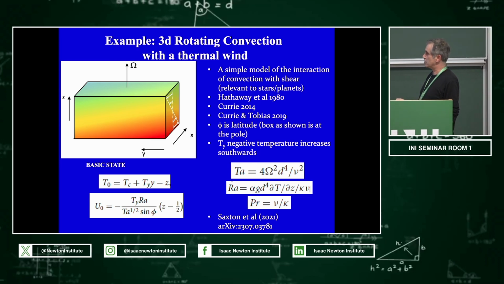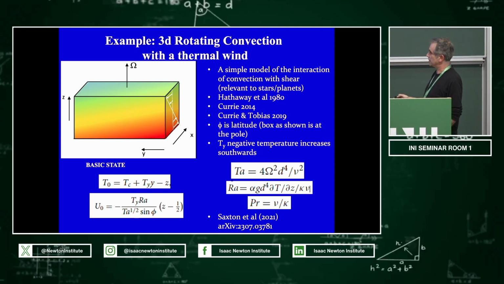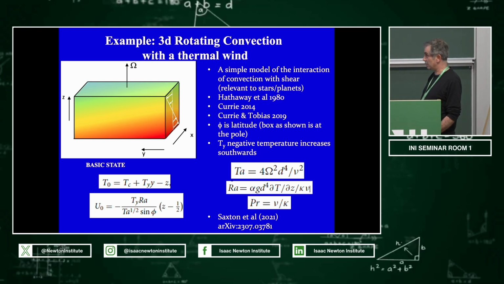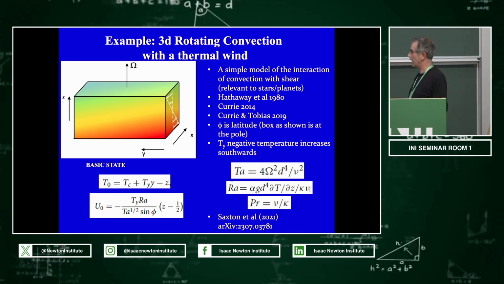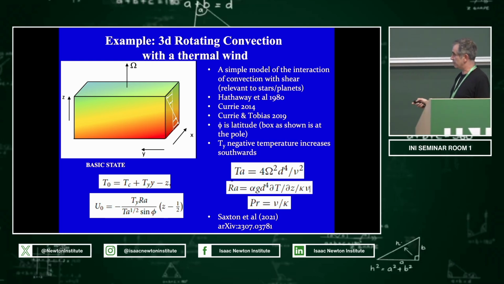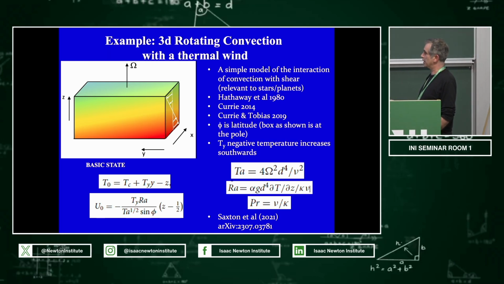Okay. So we have various non-dimensional parameters. We have Ty, which has been non-dimensionalized here. So we have the Taylor number, which is a measure of the rotation. It's 1 over the Ekman number squared. The Rayleigh number, which is a measure of the thermal driving, and the Prandtl number.